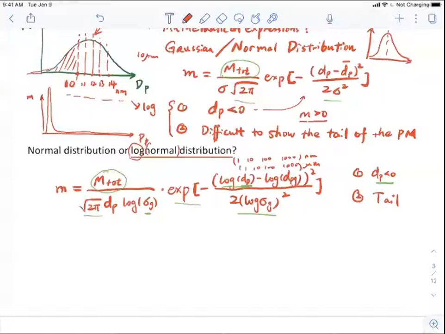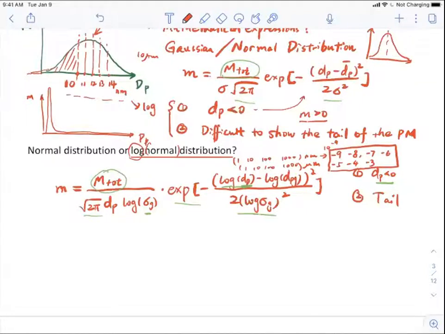That's mainly because if you take the log of 1 nanometer, we know that it's 10 to the negative 9, right? So you're just going to get negative 9, negative 8, negative 7, negative 6. And for micrometers, that's negative 5, negative 4, negative 3, right?